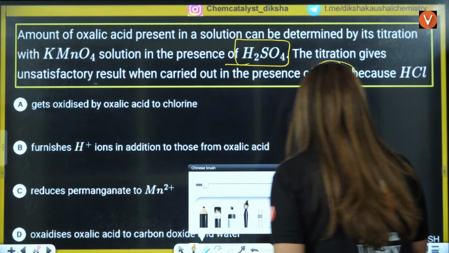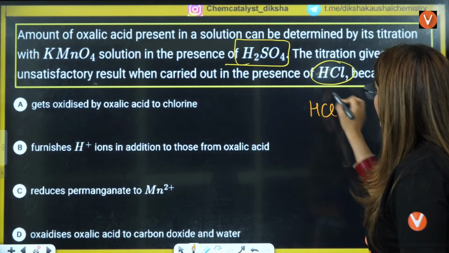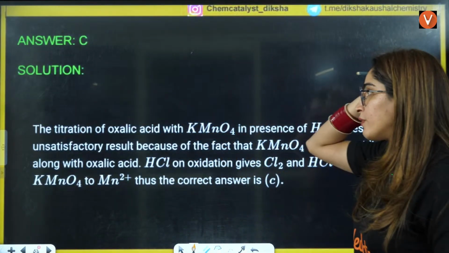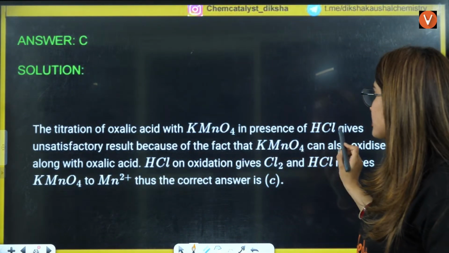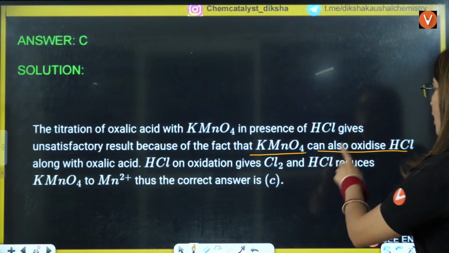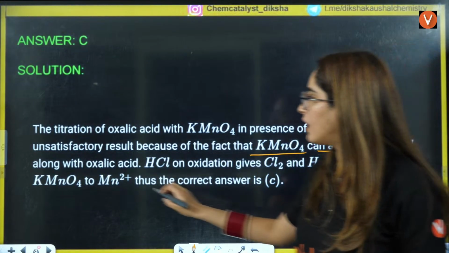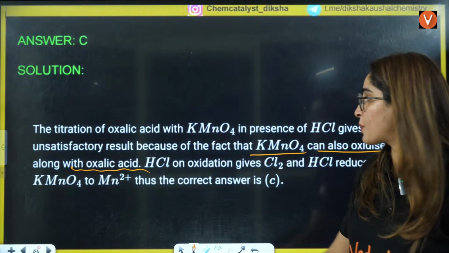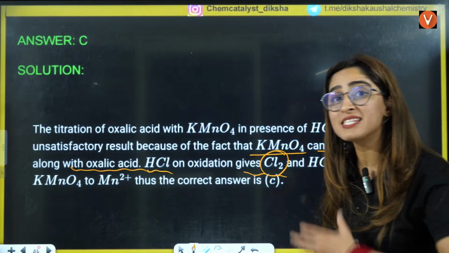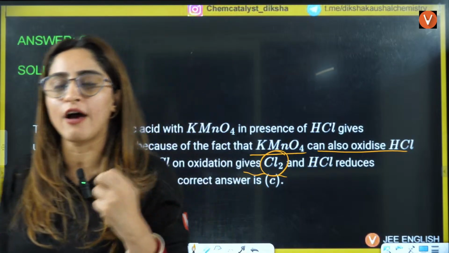So what happens here? HCl itself will be converted to chlorine. The titration in the presence of HCl gives unsatisfactory results, because KMnO4 can also oxidize HCl along with oxalic acid. That's why HCl will get converted to Cl2, and that's why you don't have a satisfactory result here.